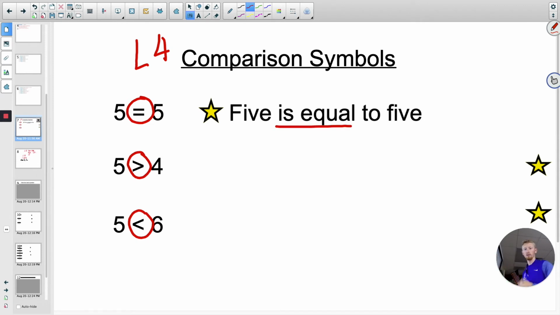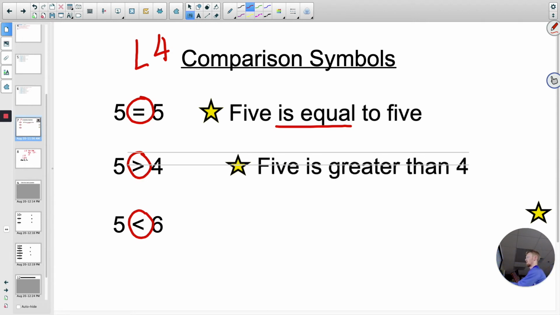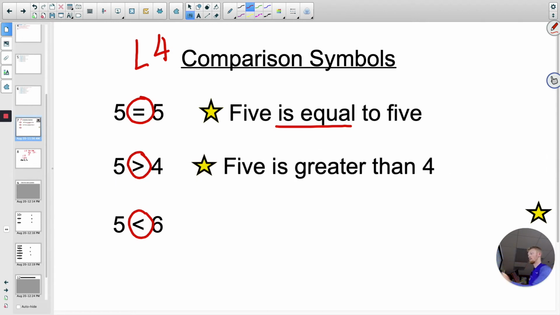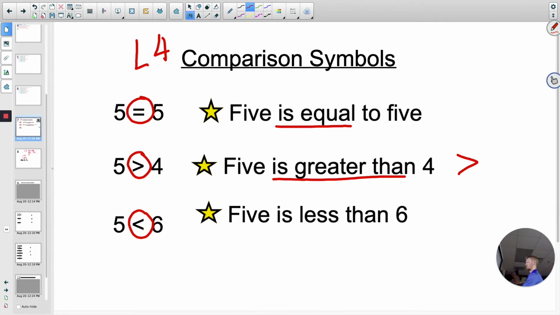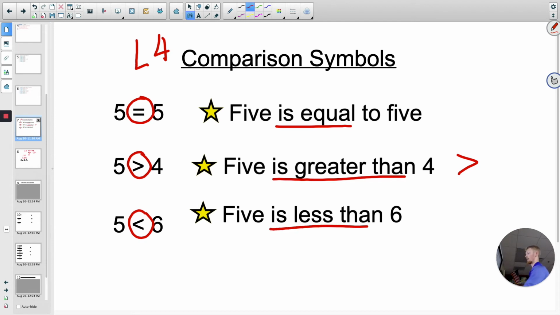Okay, so equal sign means it's equal. The second one is greater than. So this is the greater than symbol. And then the last one is less than. So this would be the less than symbol. So equal to, greater than, less than.